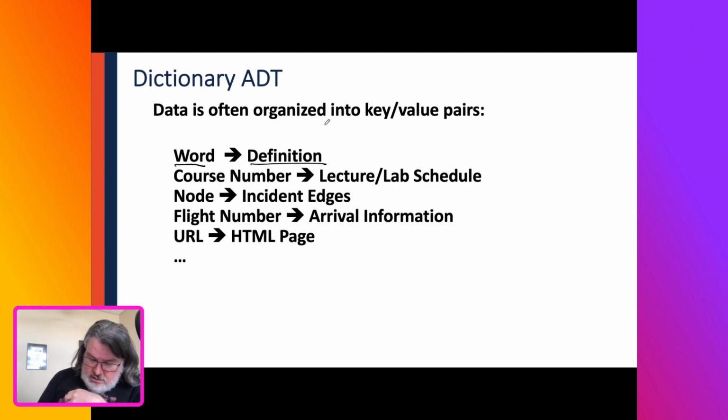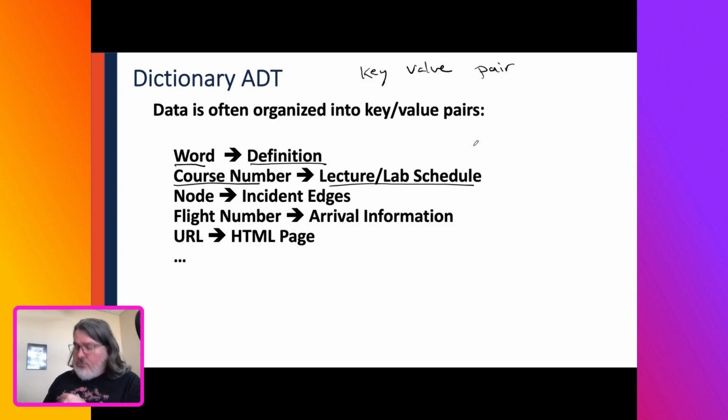So it is a key-value pair, and it shows up everywhere. The name comes from dictionaries, but we could have the course number to the lecture and lab schedule. So is it like a map? A map is a concrete implementation of a dictionary in some languages. It maps from the keys to the values.